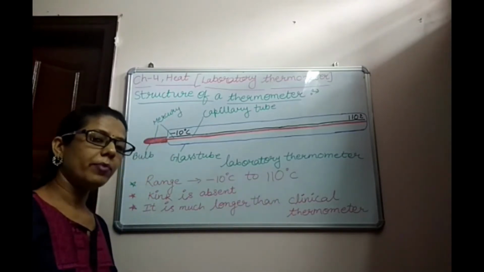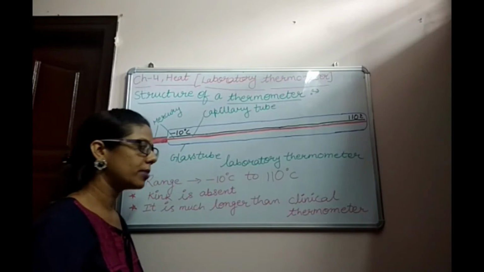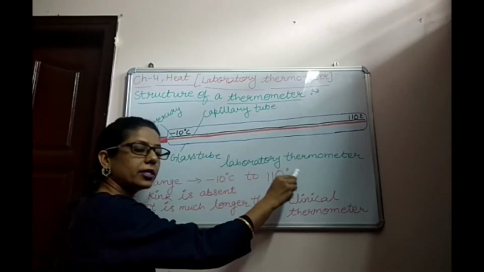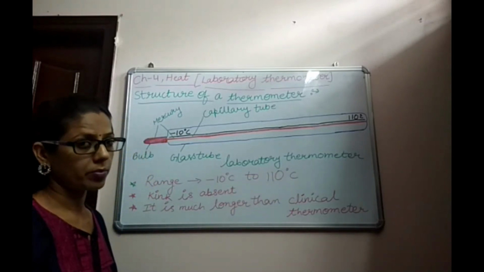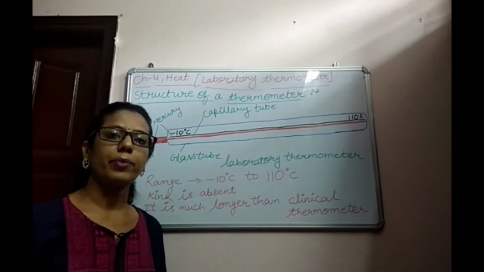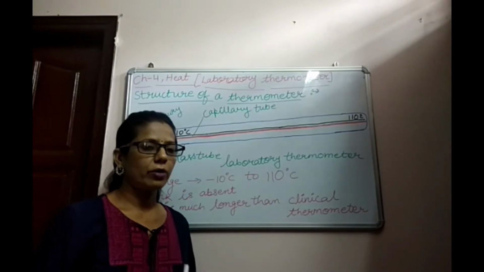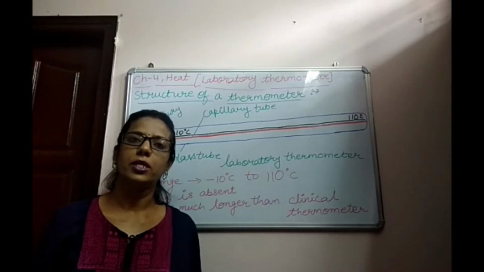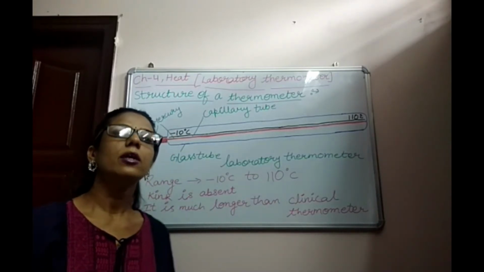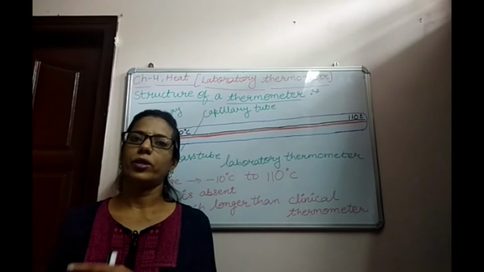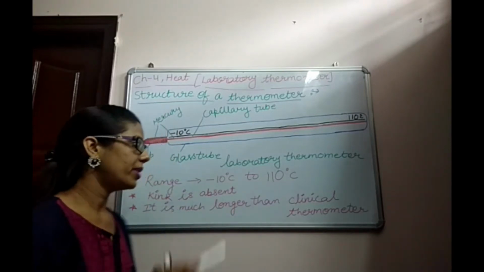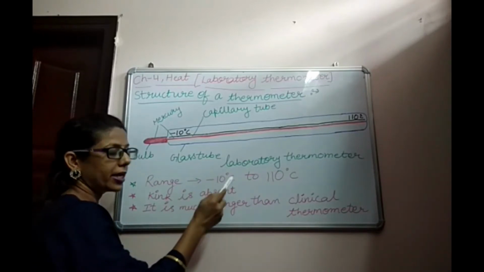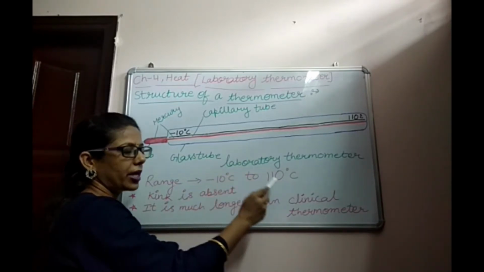It means we can measure the temperature of any substance from minus 10 to 110 degrees Celsius using a laboratory thermometer, whereas with a clinical thermometer we can measure from 35 degrees Celsius to 42 degrees Celsius, or on the Fahrenheit scale, 94 degrees Fahrenheit to 108 degrees Fahrenheit.